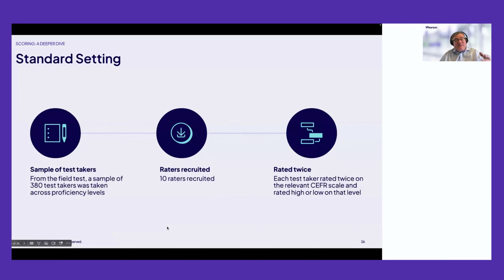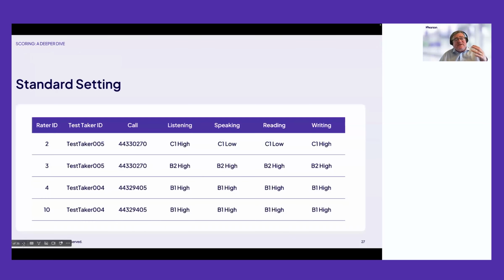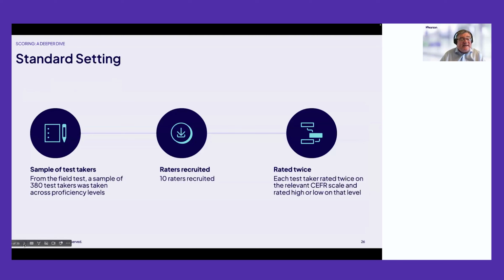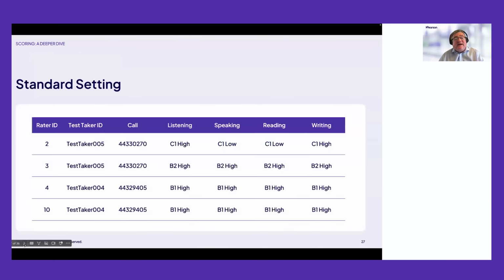And so once we've got those scores, though, we have to go back and relate it back to the Common European Framework. We have to relate it back to what those scores actually mean. So we do a standard setting exercise. We recruited, I just missed that off, we recruited 10 raters. We had 380 test taker samples. Those are rated by the raters in terms of what they think the test taker's ability was in terms of that framework.